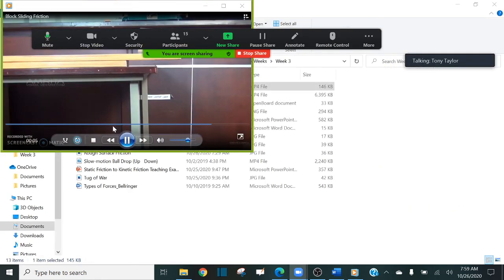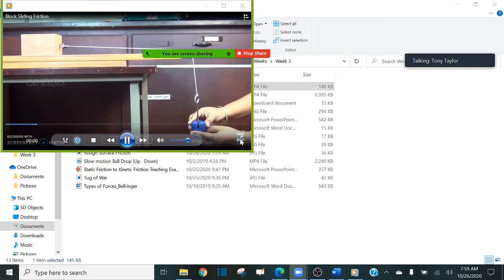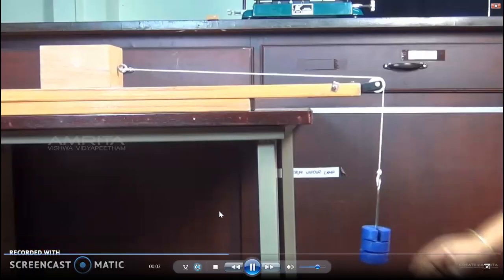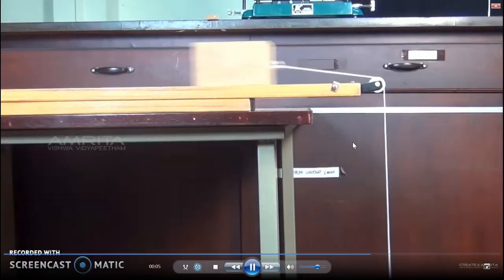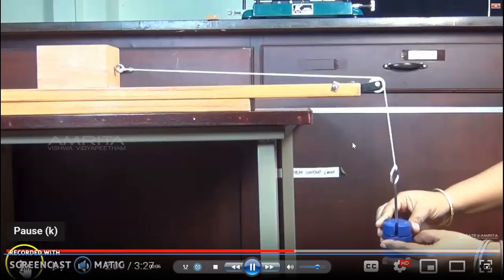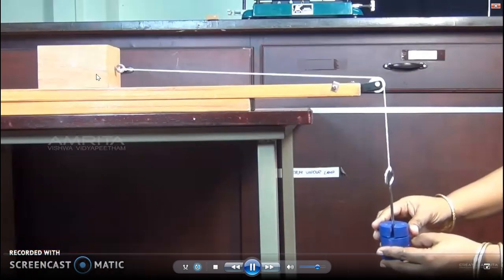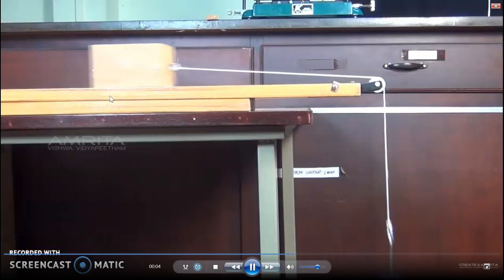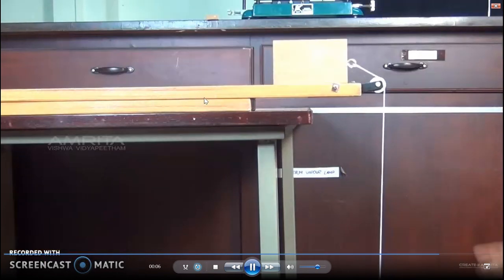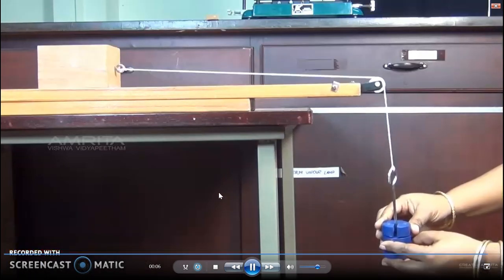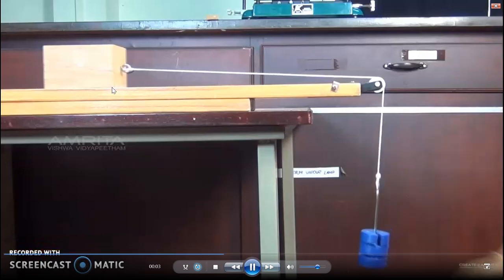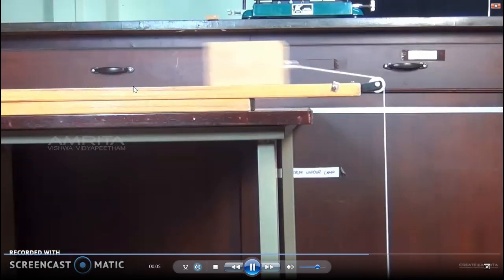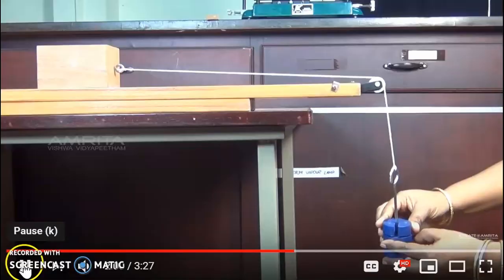Okay, so we're talking about the force of friction. What is the force of friction? Notice here in this situation how I have a block sliding across the surface of this wood. And as the block slides across the surface, there's a frictional force between the block and the surface.